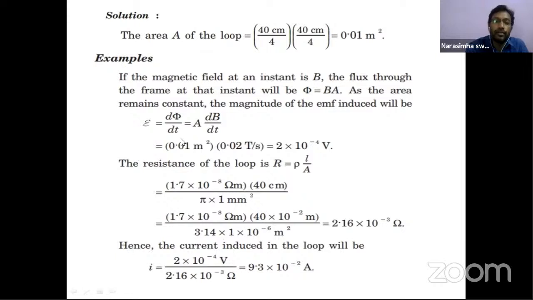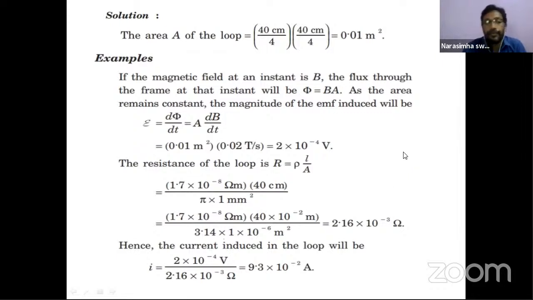V, how much did you get? The potential difference, or EMF, is 2 into 10 power minus 4, divided by the resistance value of that material that you just got, 2.16 into 10 power minus 3 ohms. So it will be 9.3 into 10 power minus 2 amperes.